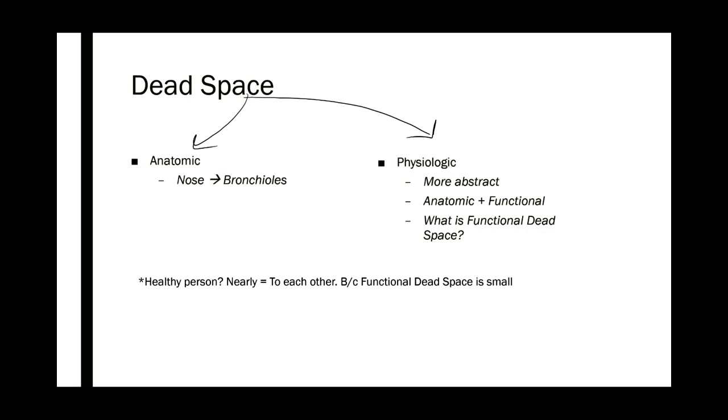It's from, you take a breath all the way from the nose or nasopharynx down to the bronchioles. And remember that picture where it was like 150 up top in the conducting zone? That's sort of how I picture it. It's the air that is kind of the last air in when you take a breath in. So it stays up top.